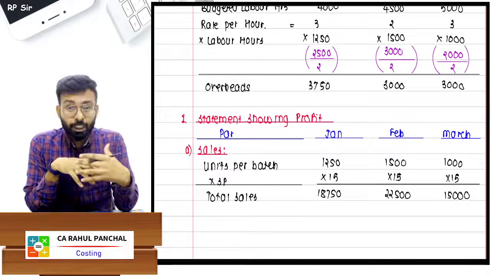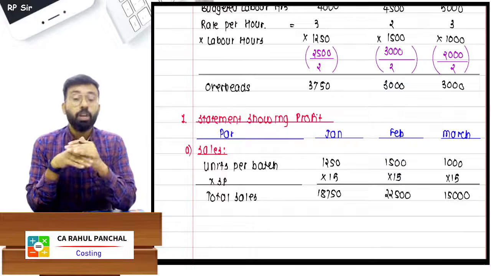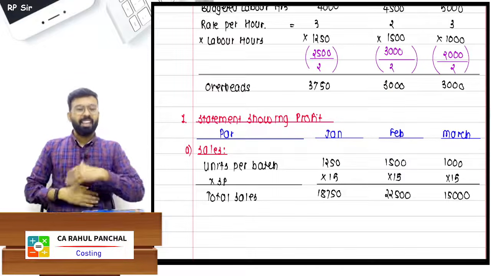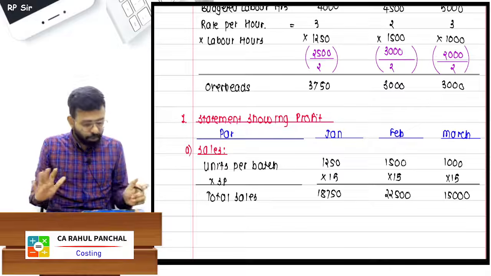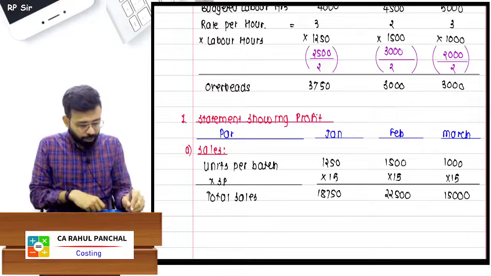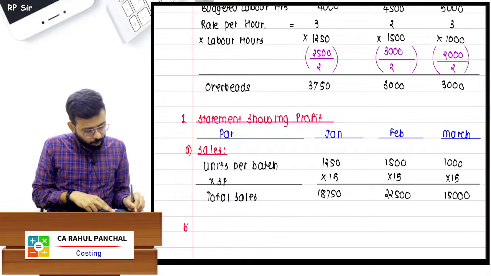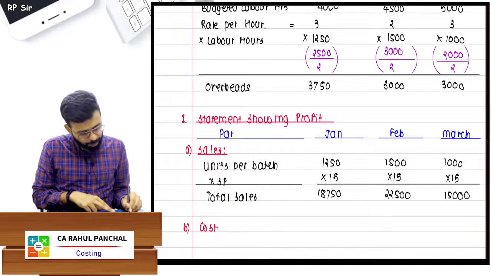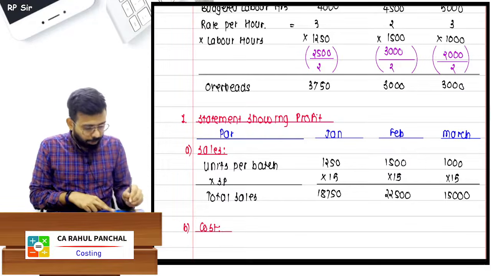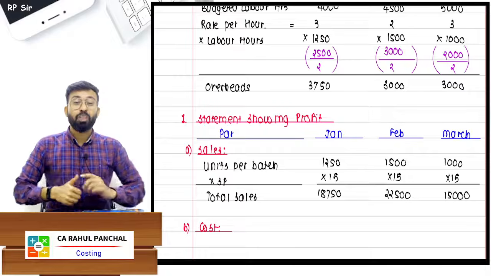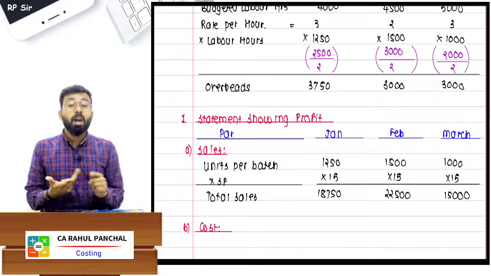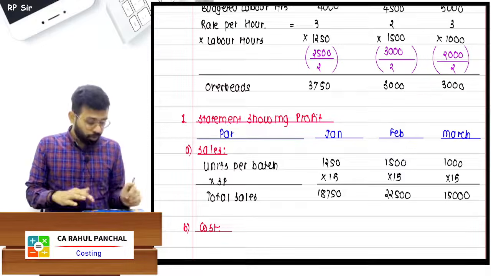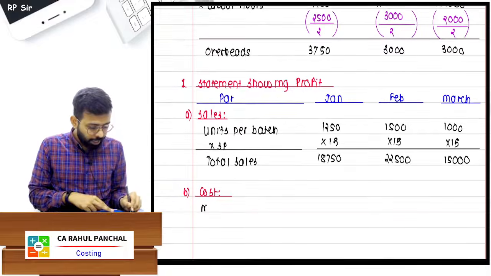Now from this sales value, if you subtract your cost, you will arrive at profit, and they were asking for a profit per batch. So sales per batch we have calculated. Now we need to calculate the cost per batch. If you talk about cost per batch, we incur 3 types of cost, which is material, labor, and overheads. Material and labor are directly given in the question, you don't have to worry about it.